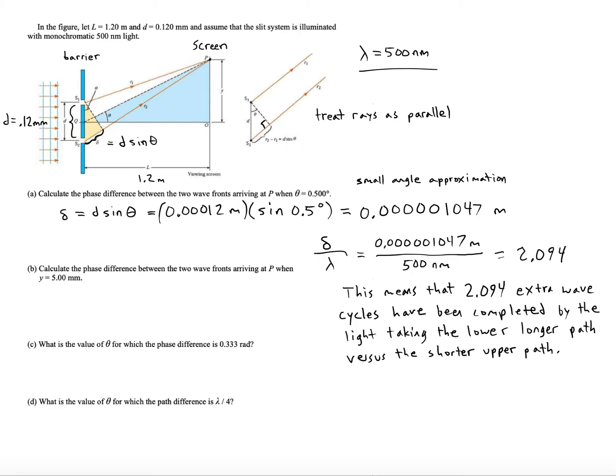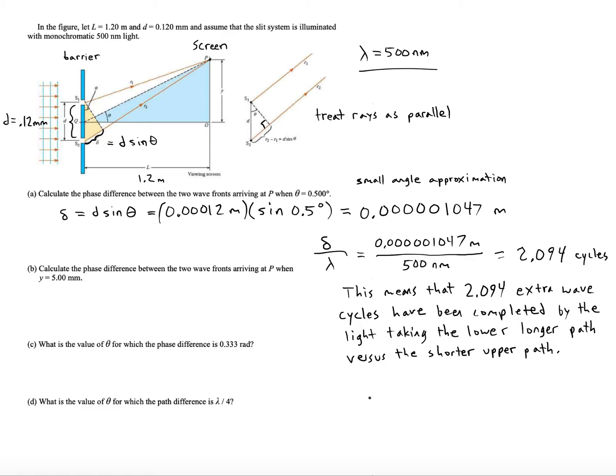Okay, now, if we want the phase difference, then we should turn it into an angle in degrees or radians. Right now, the units of this would be cycles.